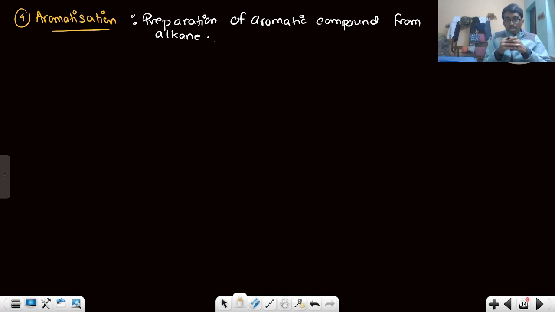So that means 6 to 8 carbons must be involved. So preparation of aromatic compound from an alkane containing 6 to 8 carbon. It cannot be like 12, 13. It's not possible. Steric hindrance is also a factor.